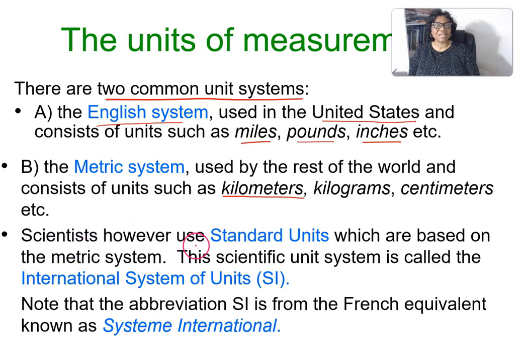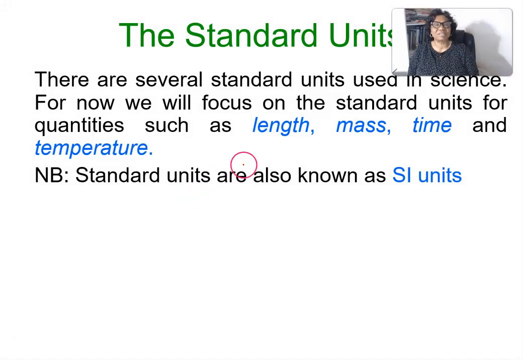However, scientists use the standard unit, which is derived from the metric system. And they call it the SI units. Let's look at some of the examples of standard units.